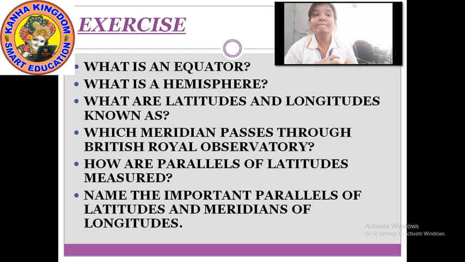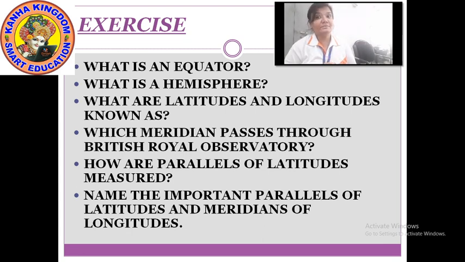Now name the important parallels of latitudes and meridians of longitudes. This is the last question, but very important. I had explained you which are the parallels of latitude and meridians of longitude.